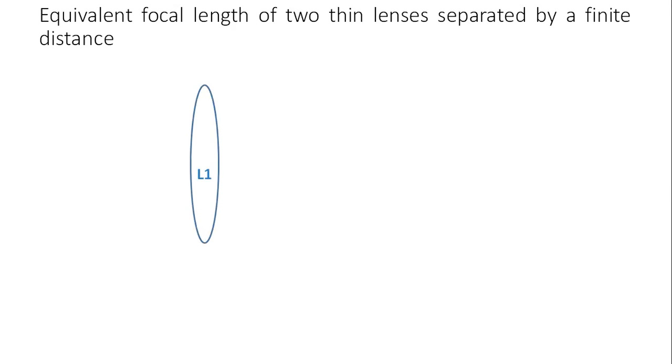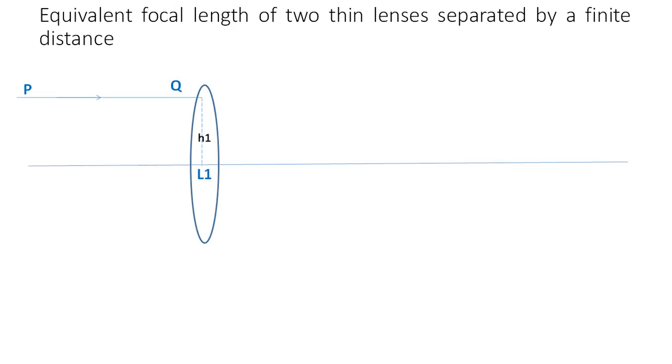Whose focal length is small letter f1, and this is the principal axis. The incident light PQ is incident at height h1 on the principal axis. This object is at infinity and the parallel beam of light rays are incident on this converging lens L1.